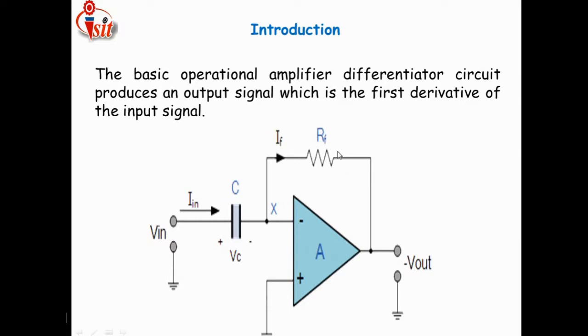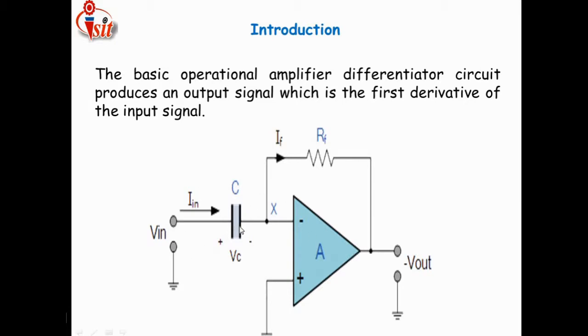Along with that inverting terminal, RF, that is the feedback resistance, is connected, and the positive terminal, which is nothing but the non-inverting terminal, is connected towards ground. Then what is the circuit related to that differentiator?